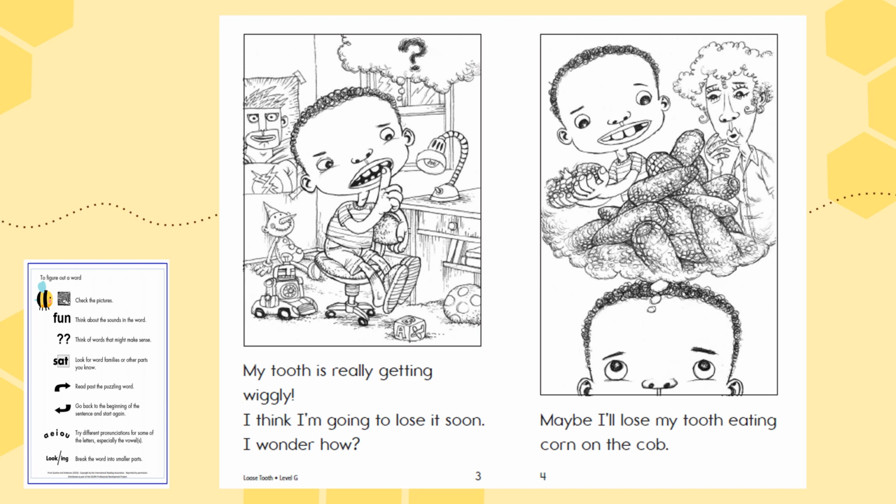Maybe I'll lose my tooth eating. Oh, I'm going to check that picture because I don't know this word. Maybe I'll lose my tooth eating corn on the cob. Corn on the cob. Maybe.